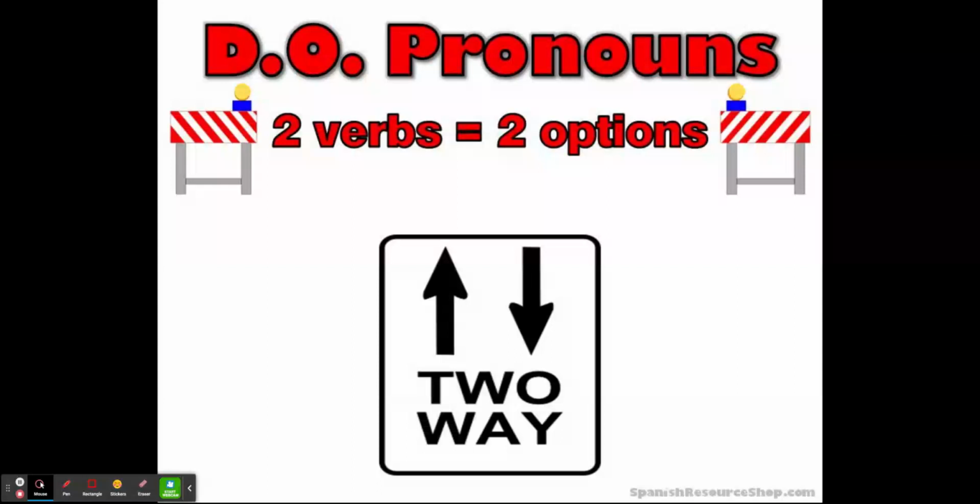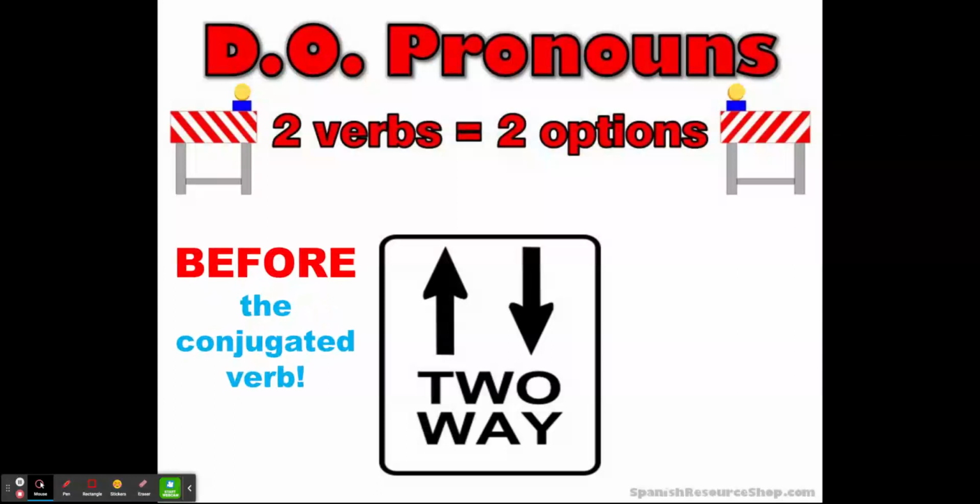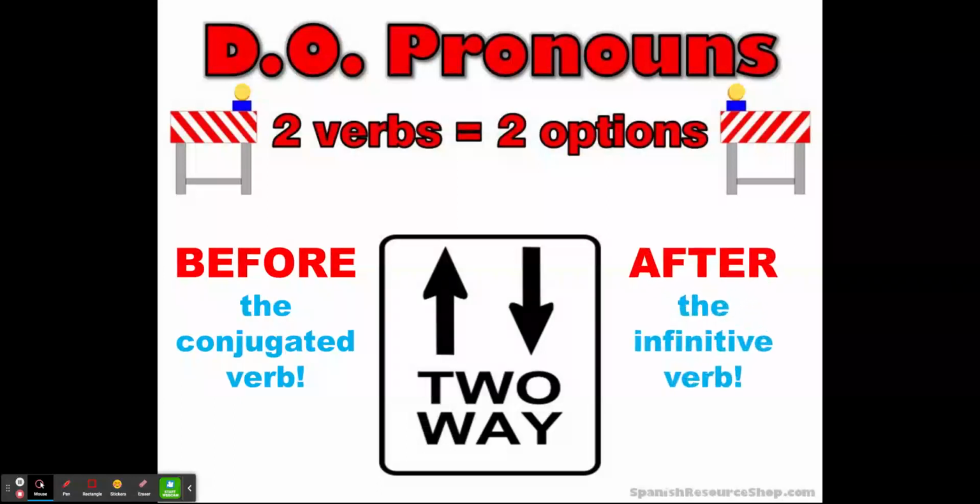Quiero comer empanadas. That is a two verb sentence. Ellos quieren almorzar. That is a two-verb sentence. Before the conjugated verb and after the infinitive verb.